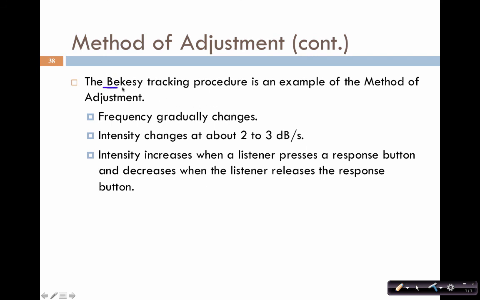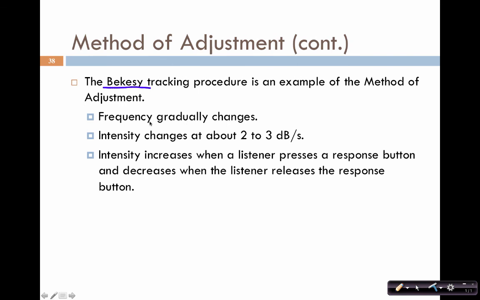You've seen this name before, I'm sure, Bekesy. Bekesy built an audiometer that had this automatic change. So as the person adjusted a button on the Bekesy audiometer, it would set the stimulus down, and it would make it go to greater amplitude until they heard it, and then the person would respond, and it would then adjust the level down, much like we just saw a couple slides ago.